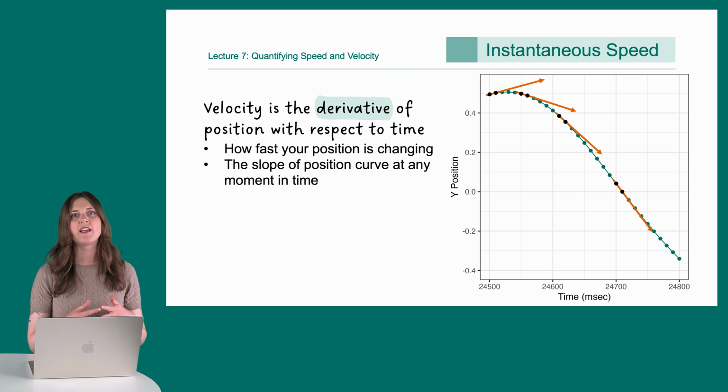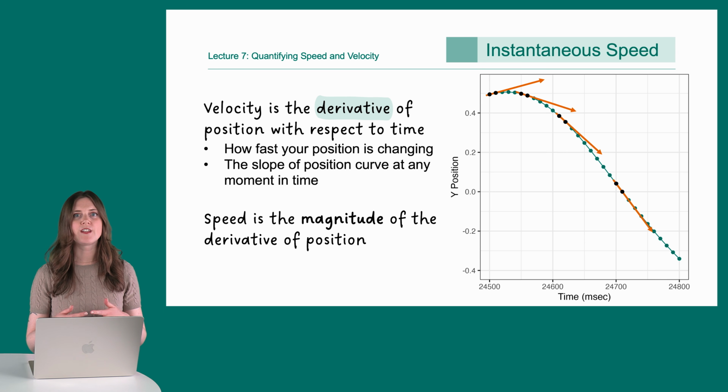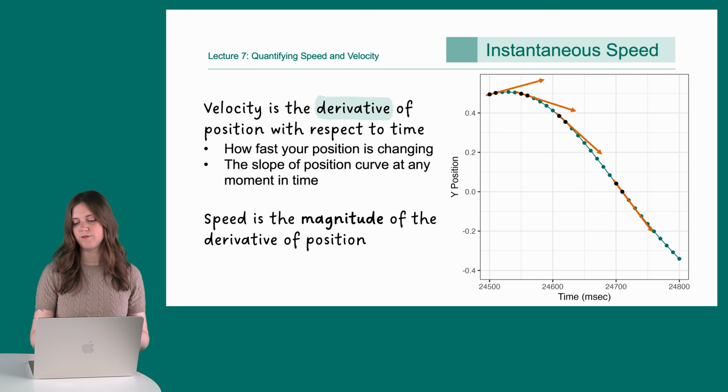A flat slope would indicate that there is little to no change in vertical position, whereas a steep slope, as we see around 24,700 milliseconds, indicates that position is rapidly changing over time. The direction of the arrow reflects whether the wrist is moving upward or downward. However, for our analysis, we will mostly focus on speed, which considers only the magnitude of change in position.